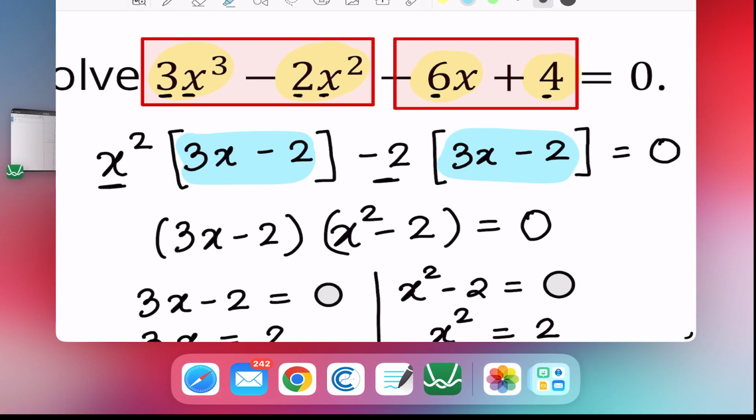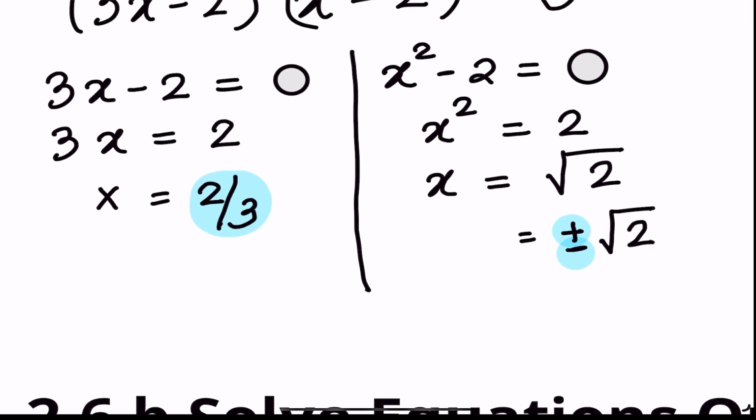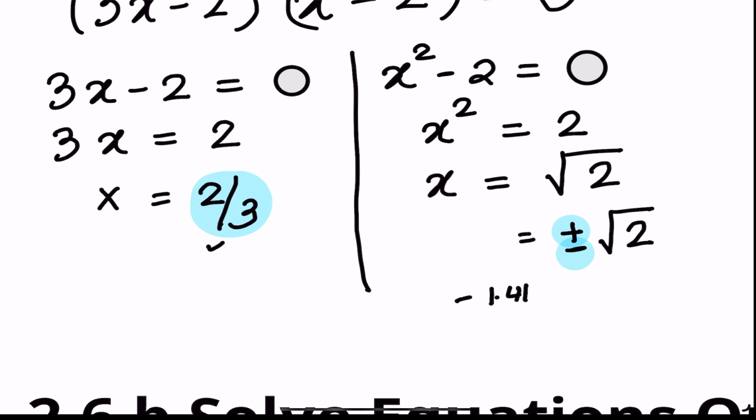And that's exactly what you have from your solution. Negative radical 2 is negative 1.414. Positive radical 2 is 1.414. You have all three of them.